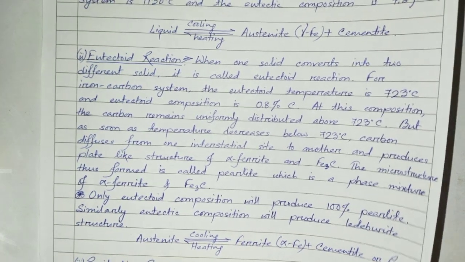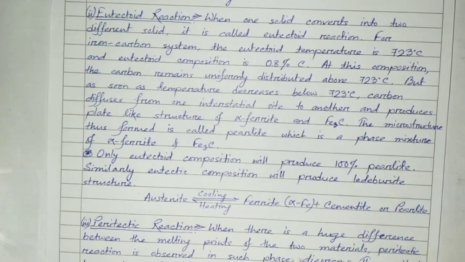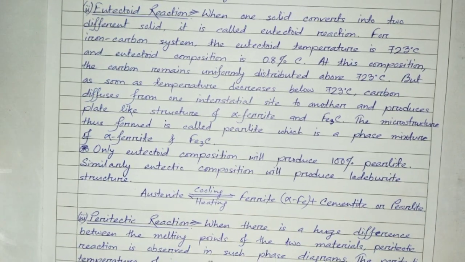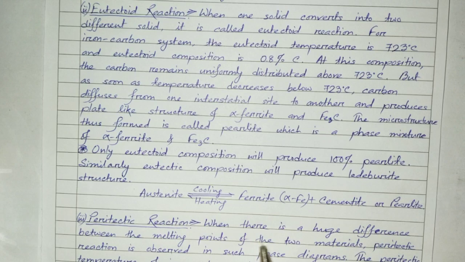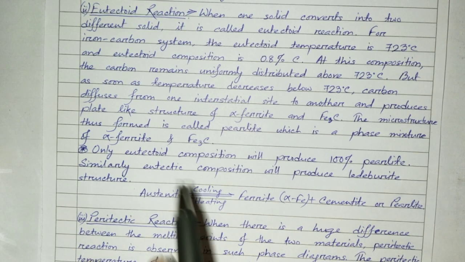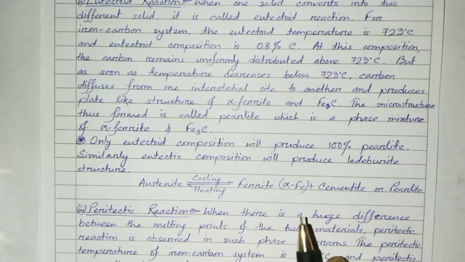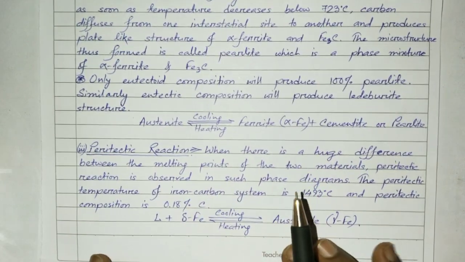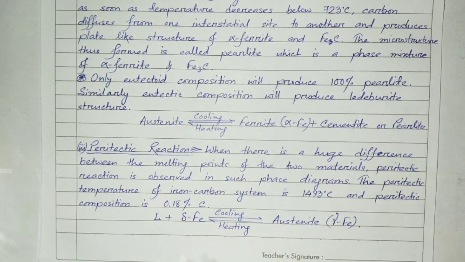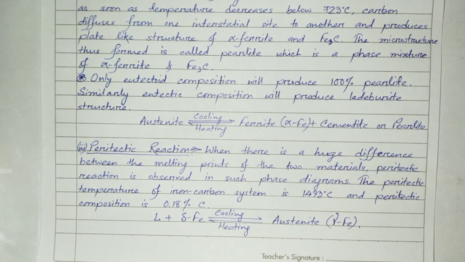And lastly, we must go to the peritectic reaction. When there is a huge difference between the melting points of the materials, here in this case iron and carbon, the melting point difference is very high. So in this type of diagram we will see the peritectic reaction taking place.